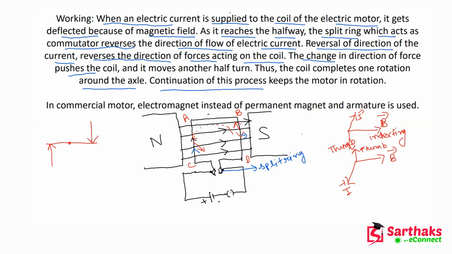So what do you have to remember? The thing to remember is very simple. We know that whenever a current carrying conductor is placed in a magnetic field, the magnetic field applies force on it, and because of this force, this armature will be rotating.